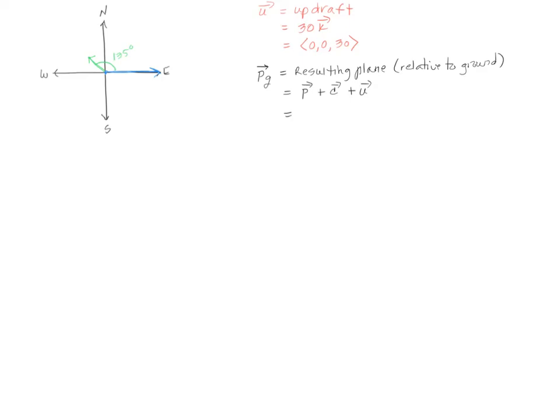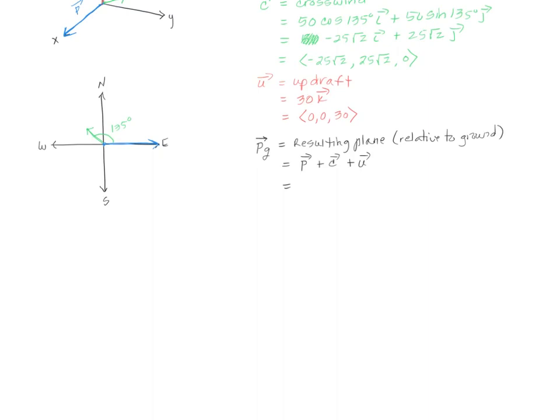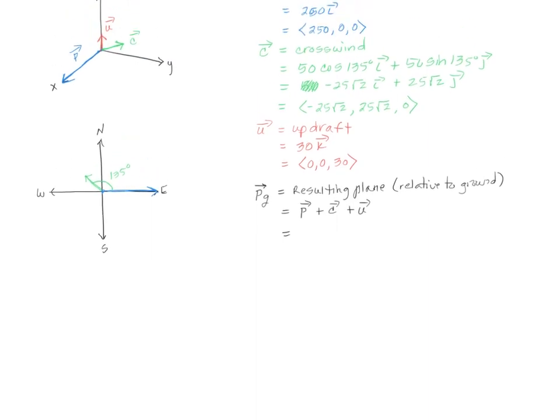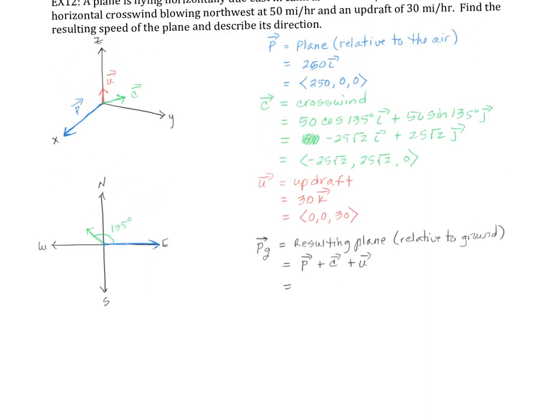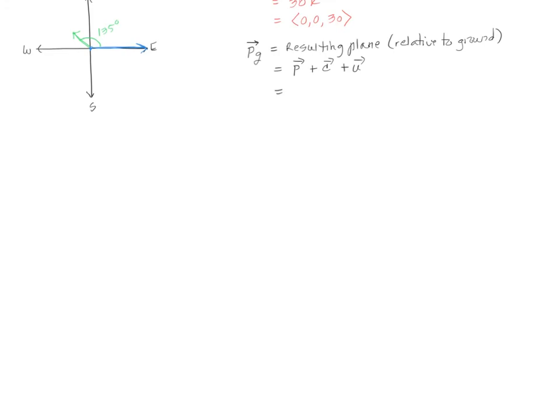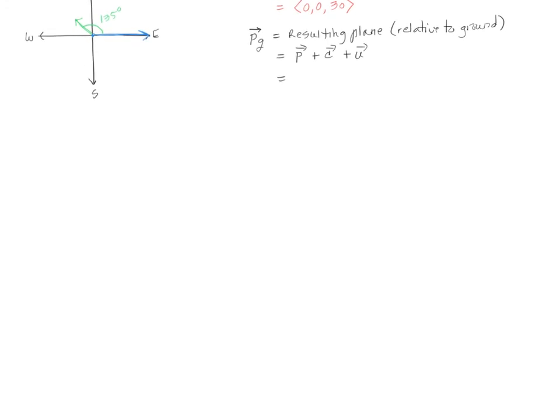So I'm not going to do ijk. I'm just going to add the three components, going back to these three vectors in vector notation. If you add 250 plus 0 plus the negative 25 square root of 2, then we get the vector 250 minus 25 square root of 2.